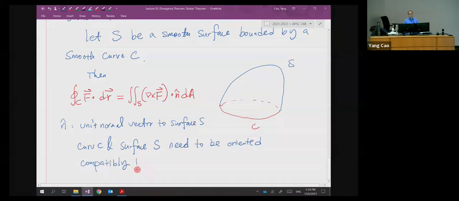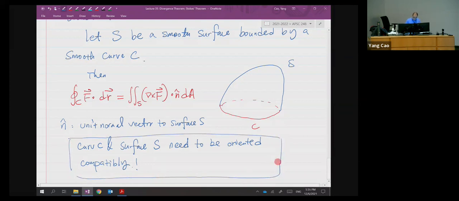Notice that I haven't drawn a direction along the curve C yet. You could draw a direction this way, or you could draw a direction this way. I didn't draw it yet; I'm waiting for this sentence right here. The curve C and surface S need to be oriented compatibly.